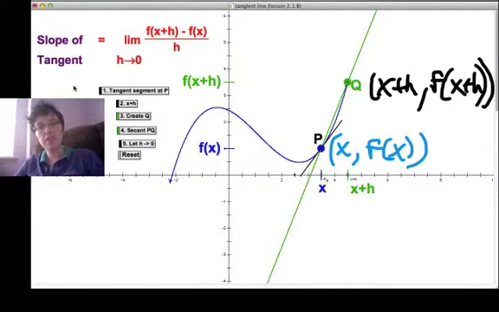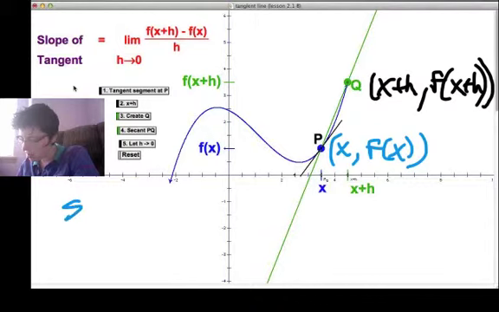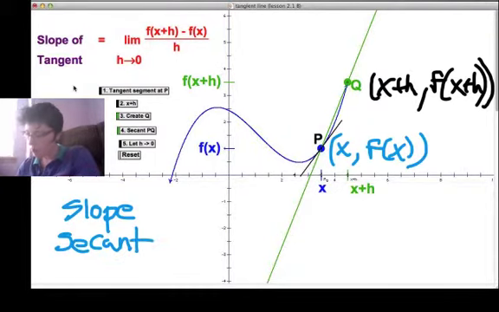If you think about finding slope between these points, the old-fashioned way is we take the y values and subtract them: y2 minus y1 over x2 minus x1. So if I wanted to find the slope of the secant, I would subtract the y values and subtract the x values.